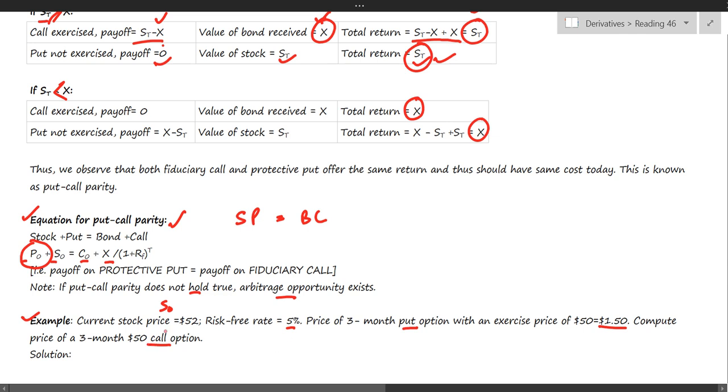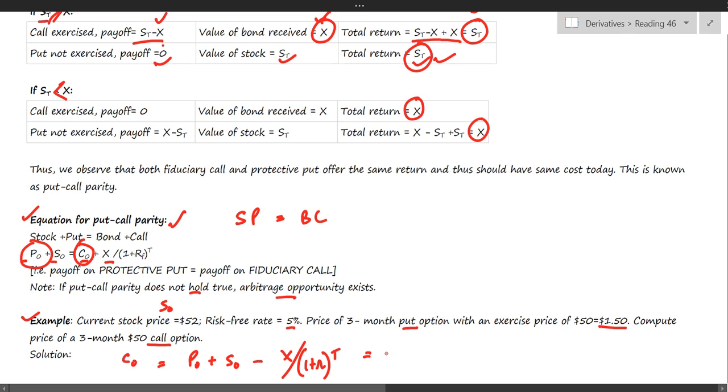So we are given the variables for three inputs and we need to find the value of the call option. Very simple, the value of the call option shall be P0 plus S0 minus the value of the bond, right? That is X divided by (1 plus R) to the power T. So just put in the values.